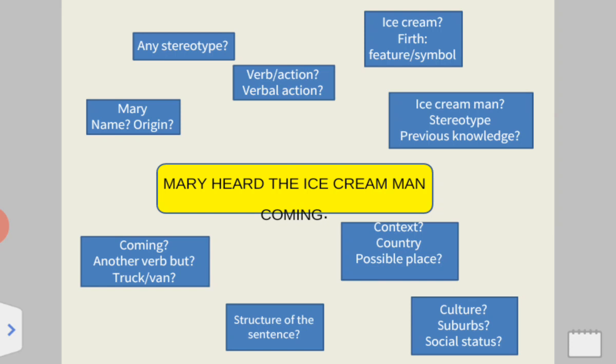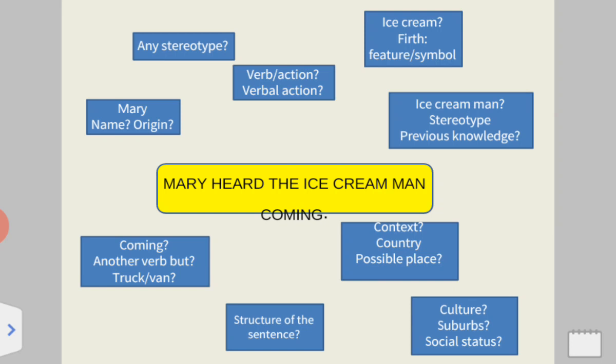Then, after analyzing the participants and setting the context, we can move on to the action that we have here, which is heard. That's the main action in this first part of the mini text. So think about the action that we have here. Is it a verbal action or a non-verbal action?